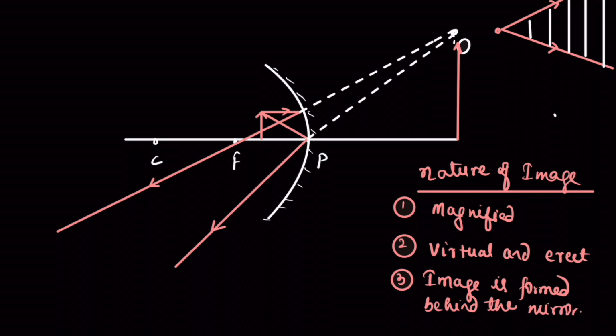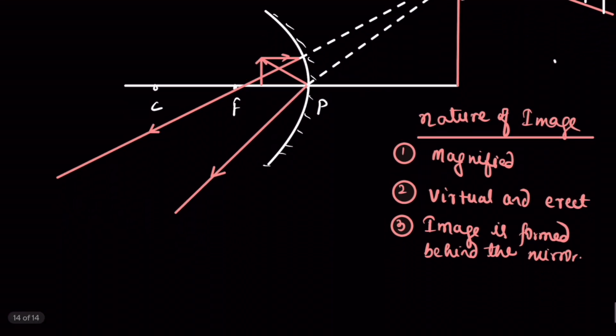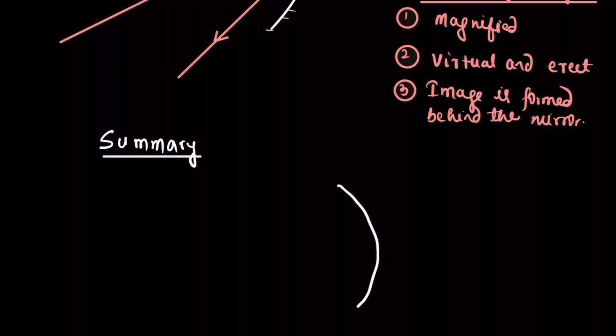So let's quickly summarize the ray diagram of the concave mirror. If you understand this, it's easy to remember.